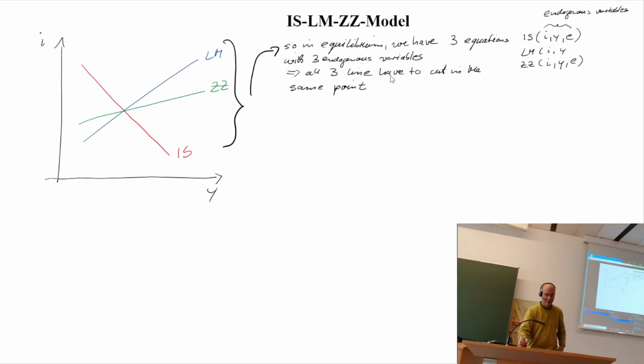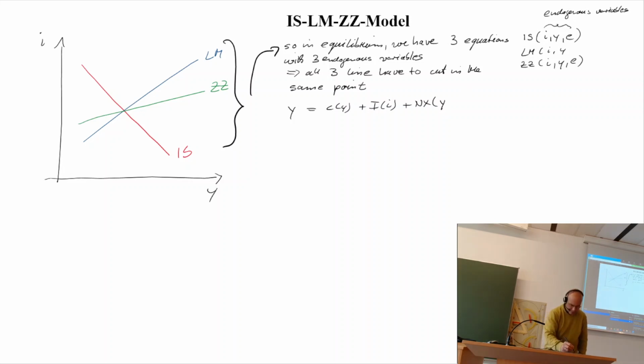So what we then would have, if we write it down, is Y equals C of Y plus I of I plus NX of, what was it?